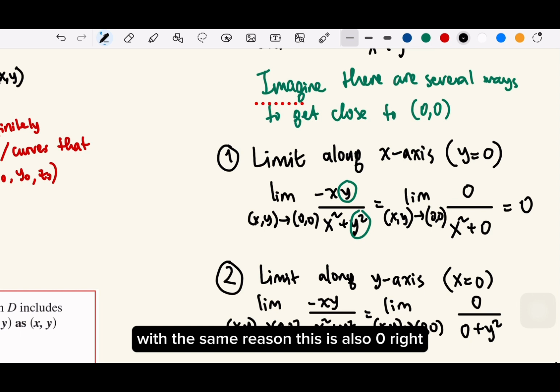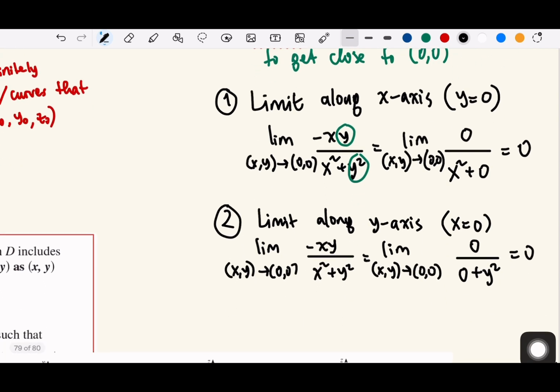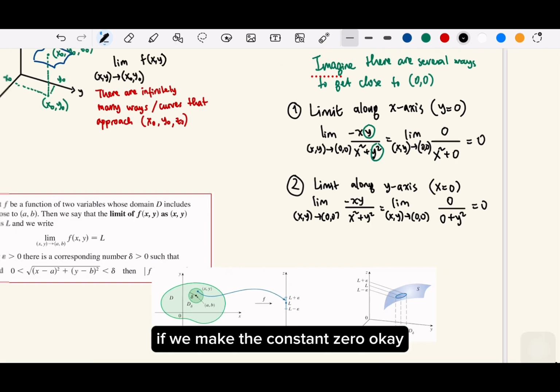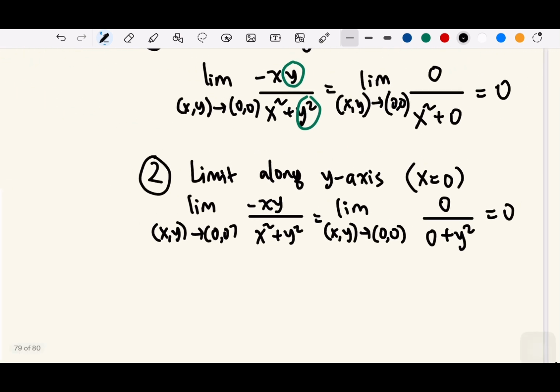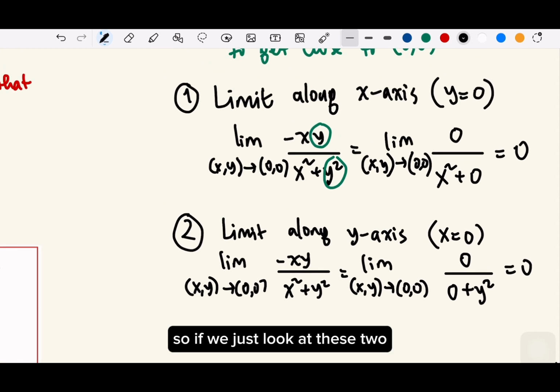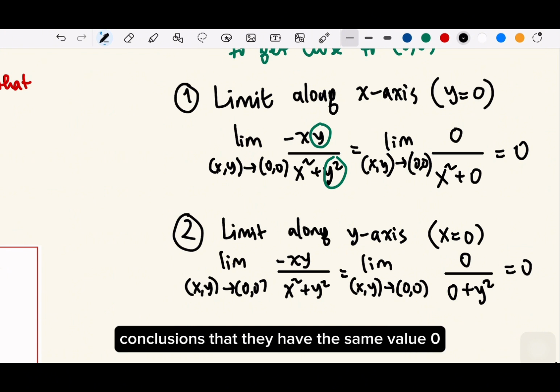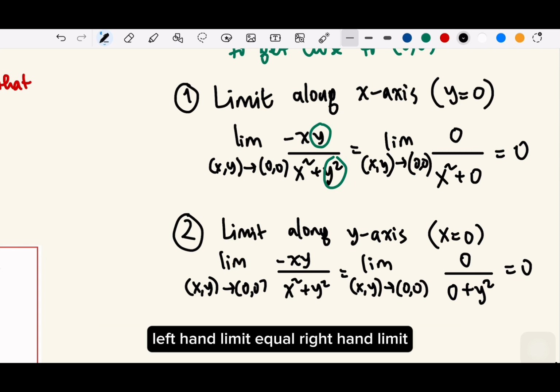With the same reason, this is also 0, right? This is also 0. Because we make the constant 0, okay? So if we just look at these two conclusions, that they have the same value 0, we may think that this limit will exist, right? This limit will exist because remember in calculus 1, left-hand limit equals right-hand limit.